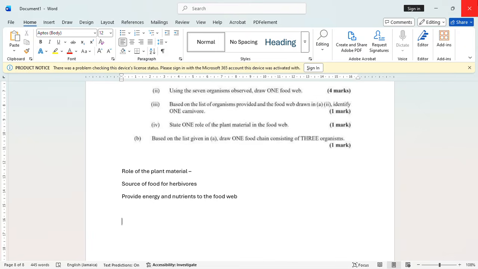All right. It says, based on the list given in A, draw one food chain consisting of 3 organisms. So we want a food chain consisting of 3 organisms. So we can have leaves, fruits, seeds.